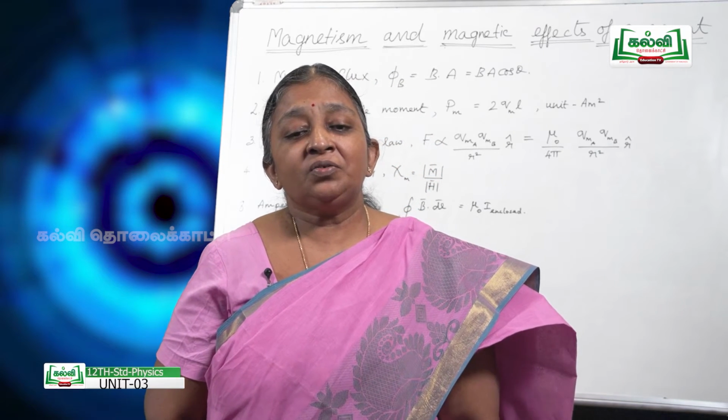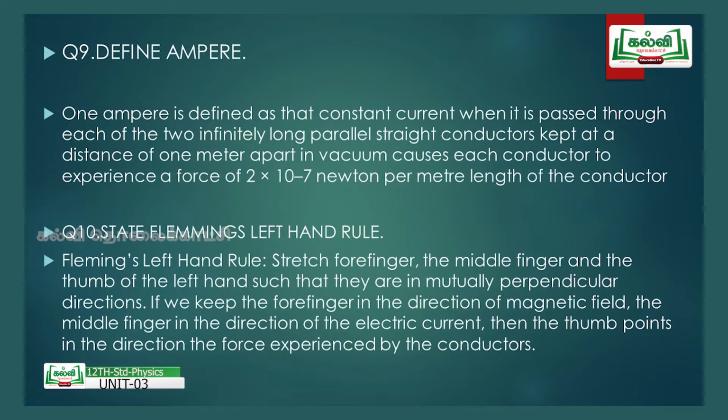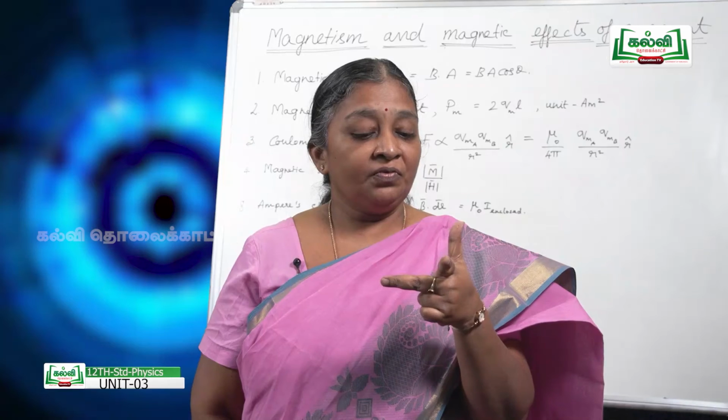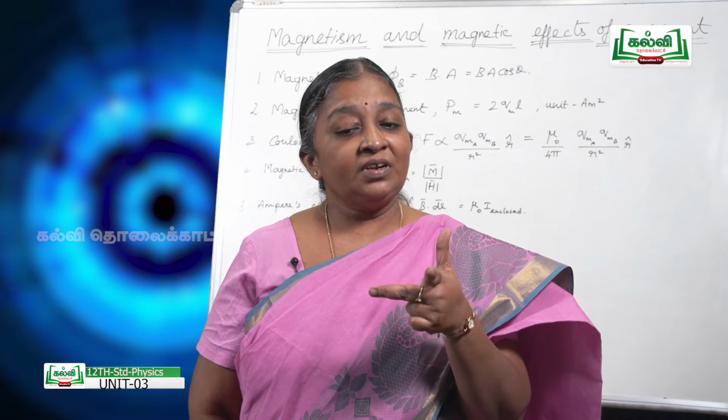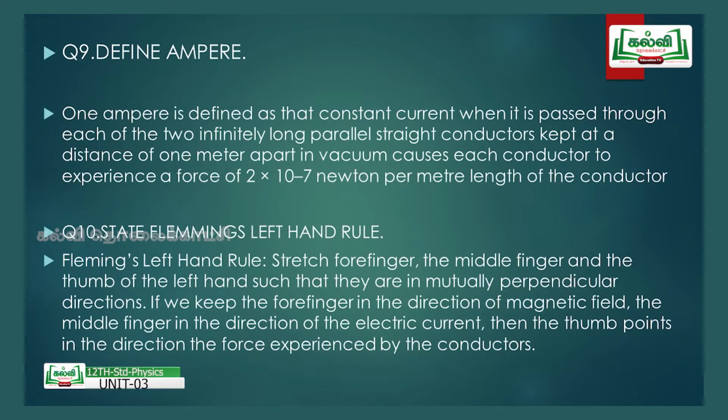Then the next question is Fleming's left hand rule. Using Fleming's left hand rule, you can find the direction of force. If we stretch 3 fingers, that is the thumb, the forefinger and the middle finger of our left hand, mutually perpendicular to each other, then our forefinger points in the direction of the magnetic field and our middle finger points in the direction of the current.